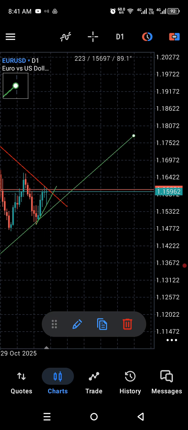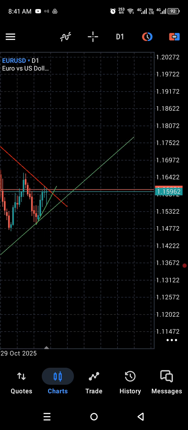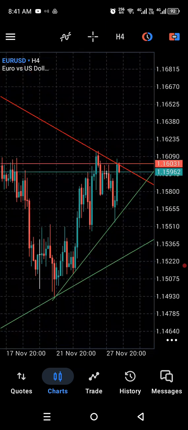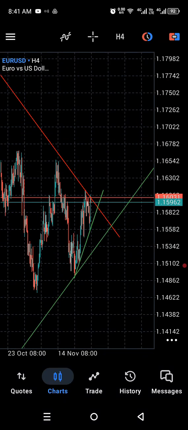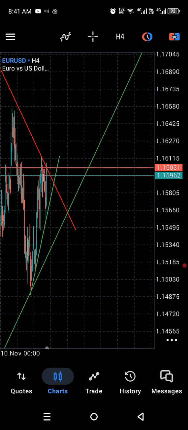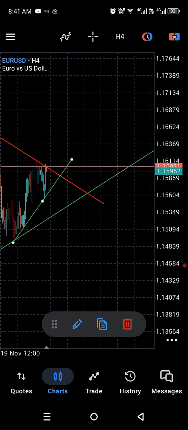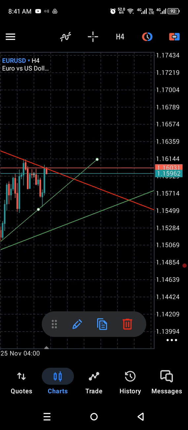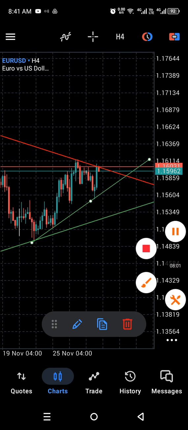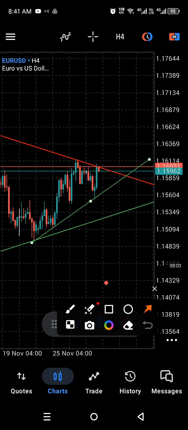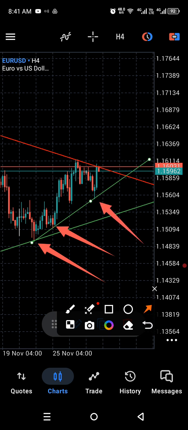Let me draw it very well. So we come back to the 4-hour time frame. You can see my point D has become my first point. You can see this straight line that I have drawn. I start it on the last point, which is point D. Point D has now become my point A. So we have the first point, the second point, and the third point.